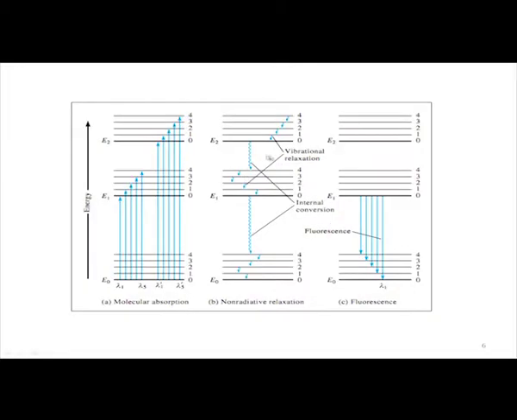So, these curly lines over here and this curly line over here are also meaningless, because these have been labeled as internal conversion, and these processes will not give rise to fluorescence emission.